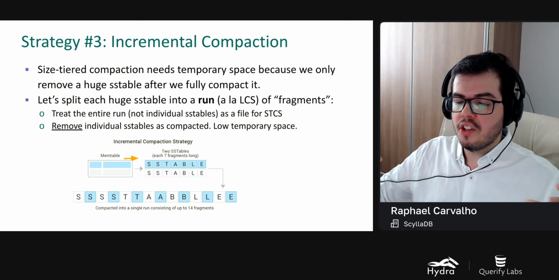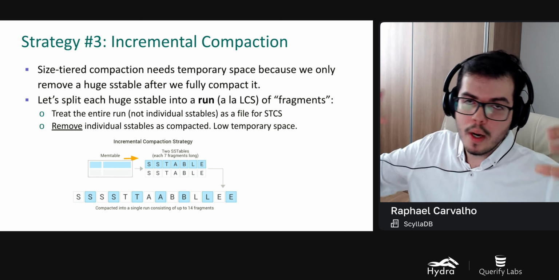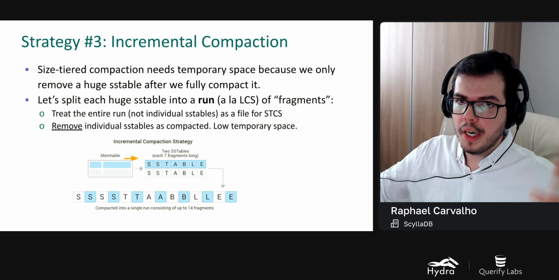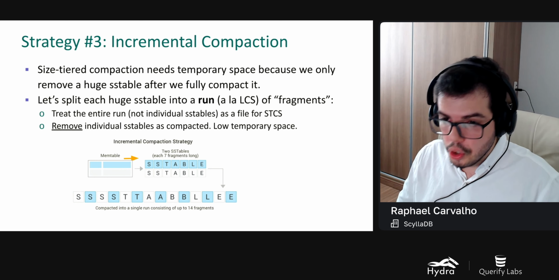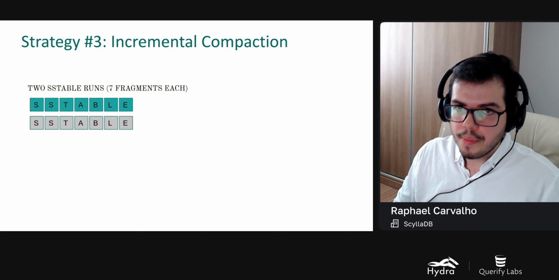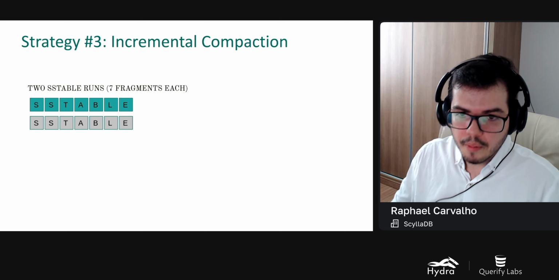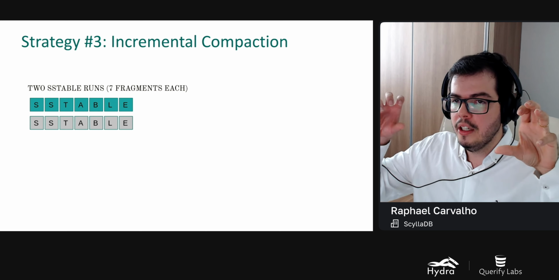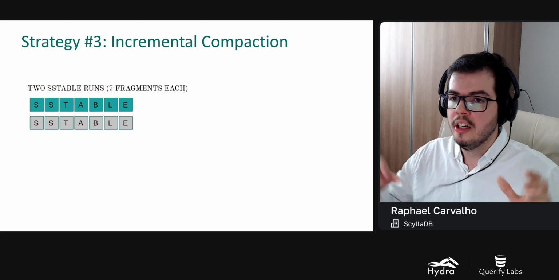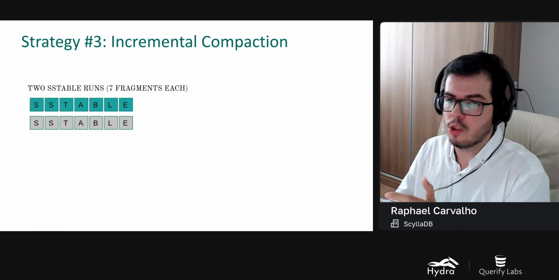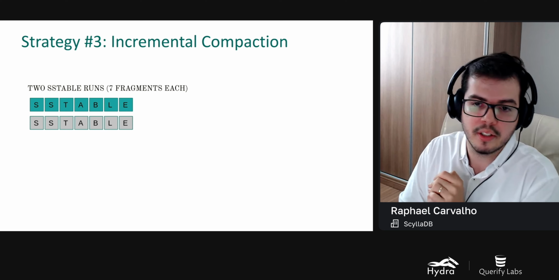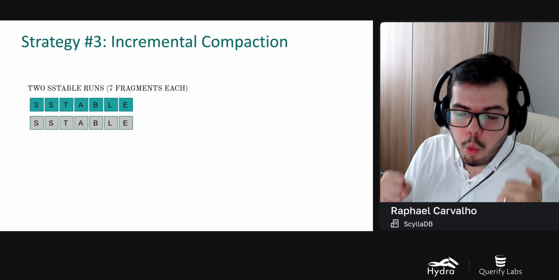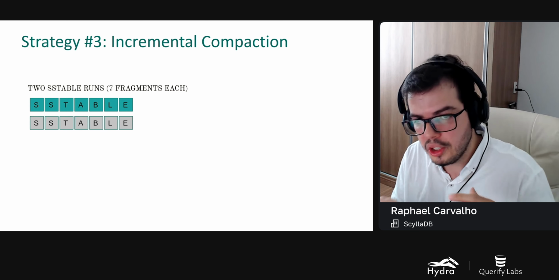So when compacting a given tier, we are going to be able to release the input fragments of those previously huge files in the tiered policy. We release the input fragments as we create new output fragments. This works because the files are sorted.